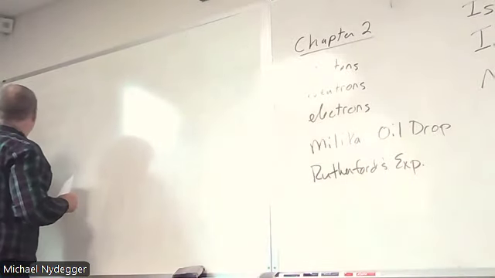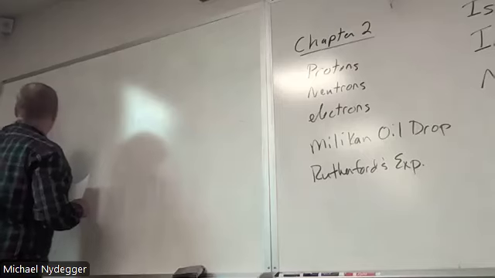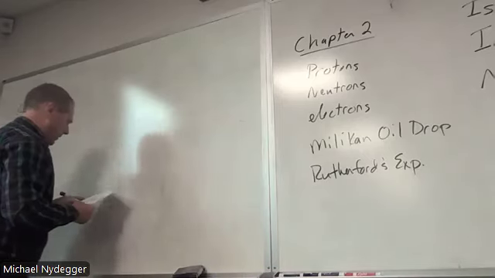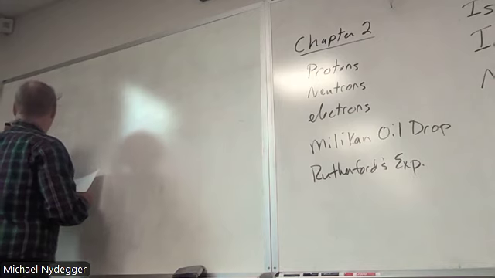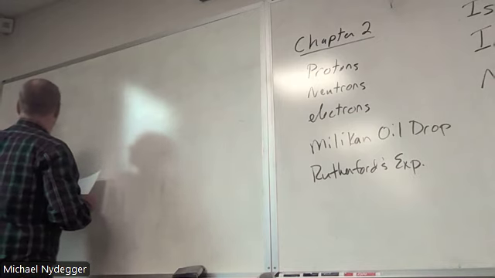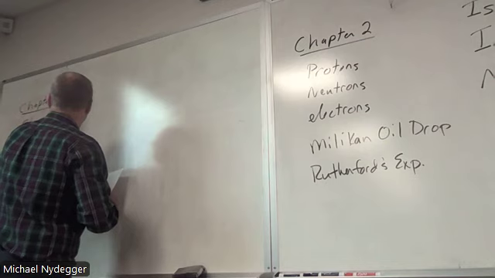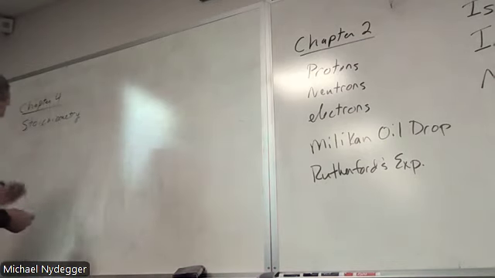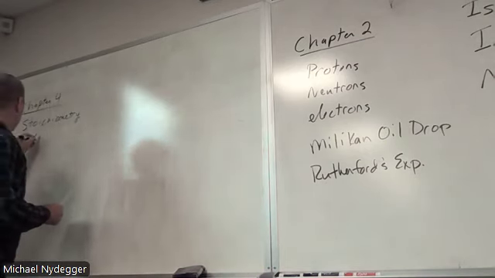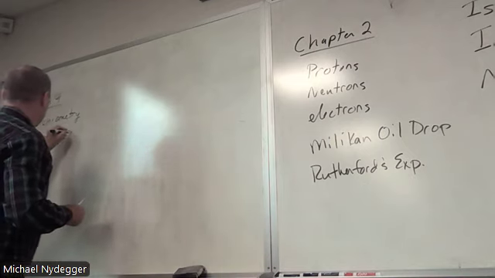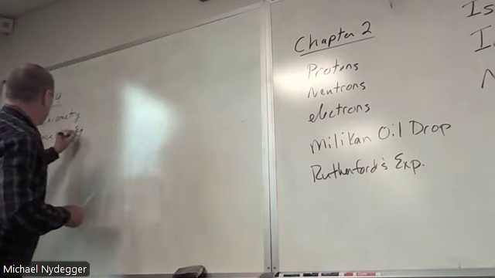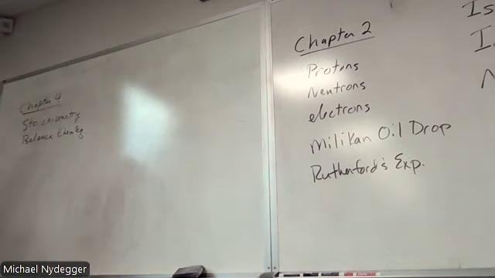In chapter 4, that's going to be stoichiometry. So here we had the balanced chemical equations. Right, so we balanced chemical equations. Actually did this in chapter 2, but it's all kind of the same. Avogadro's number.